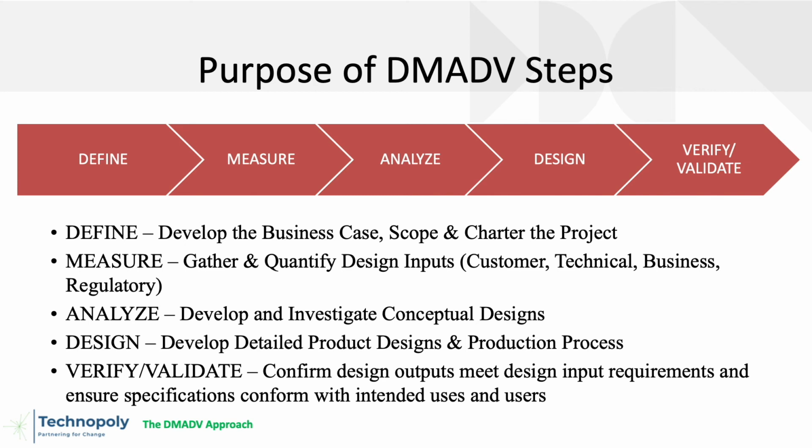Second, we measure by gathering the needed inputs from the customers, from the business, from the supply, from the materials, and any other design inputs that we need to satisfy in order to be able to come up with the right product. Analyze means coming up with the right concept and ensuring that that concept would be the viable concept to be developed into a detailed design.